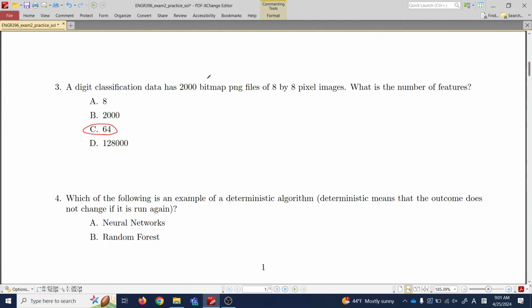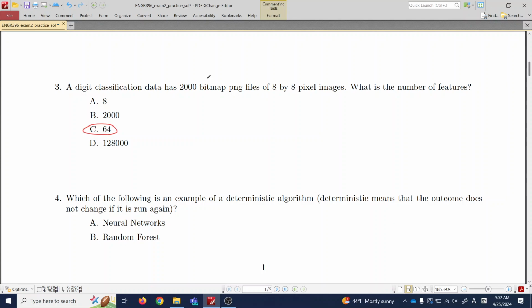In our Iris data, do you remember what the features of the iris data were? Petal width, petal length, sepal width, sepal length. So how many features is that? 4.